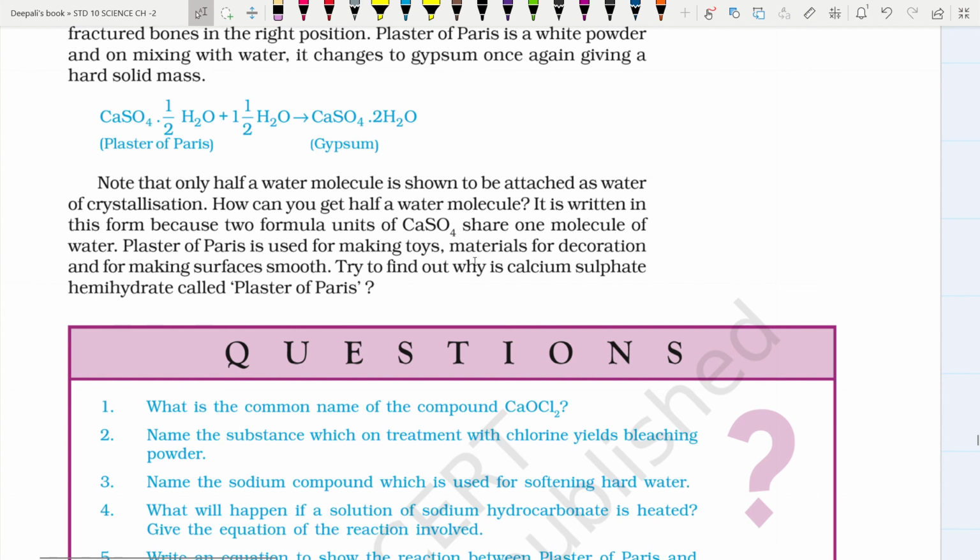Try to find out why calcium sulfate hemihydrate is called plaster of Paris. It is called plaster of Paris because it was found in Paris and it was used for making various articles out of this special soil or clay which was obtained there.